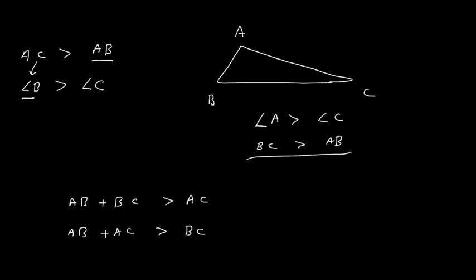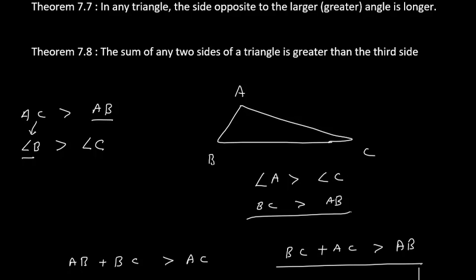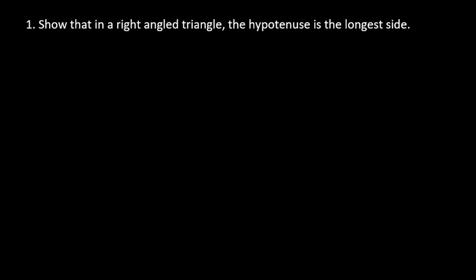And lastly, if I take BC plus AC, it will be greater than AB. So sum of two sides in a triangle is always greater than the third side. So simple concept. Now based on this concept, we can solve next exercise, exercise 7.4.